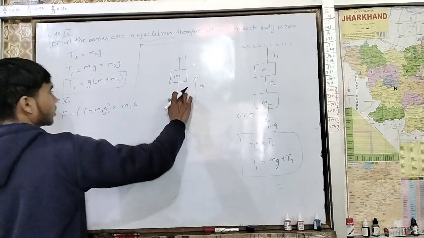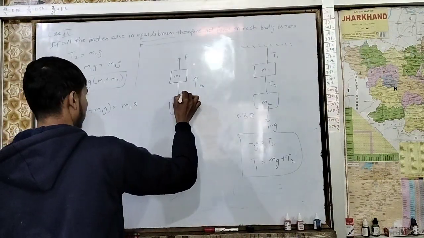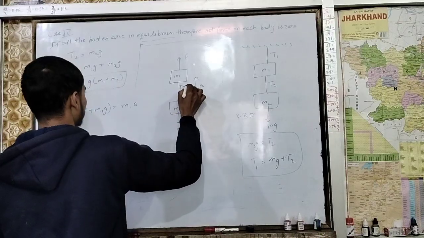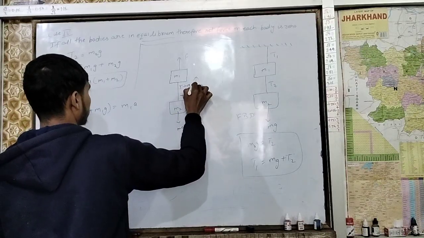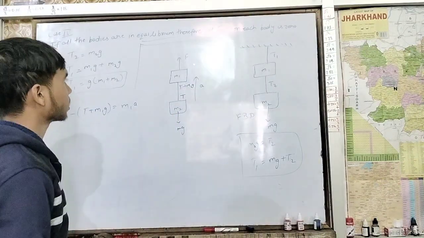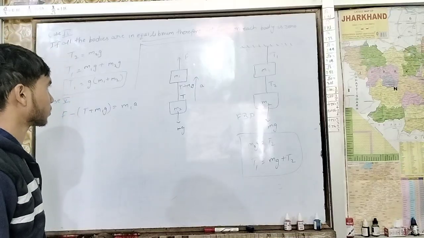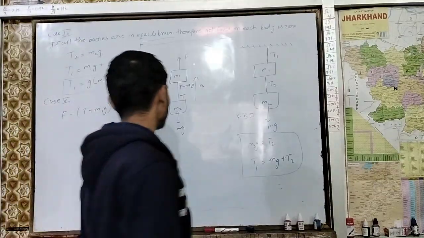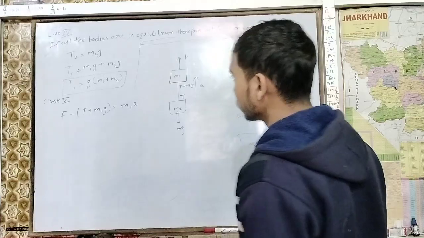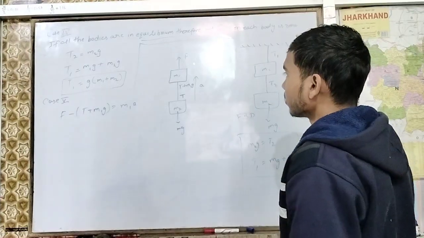Over here, this will be our T, and this will be T plus m1 g. So F is equal to T plus m1 g.